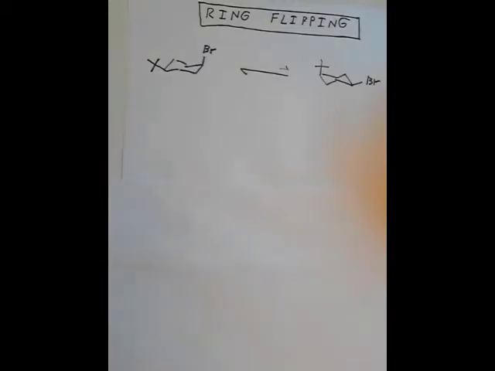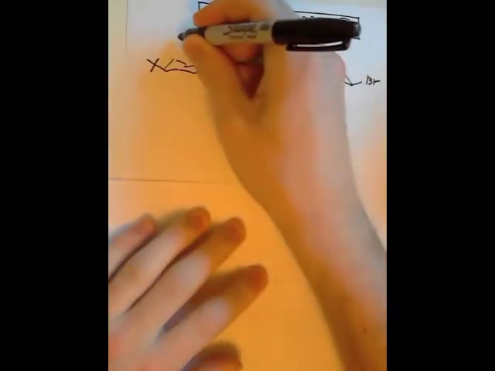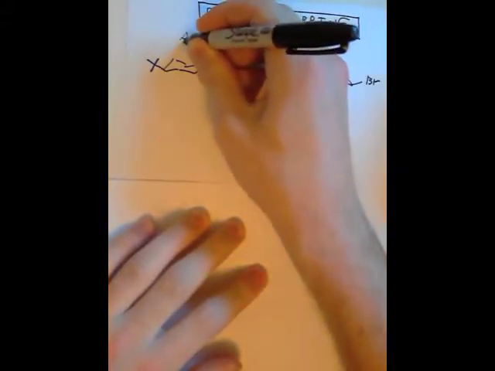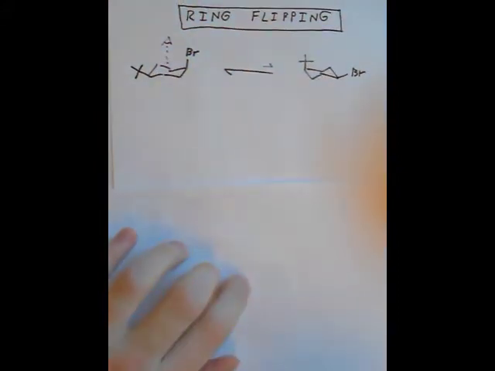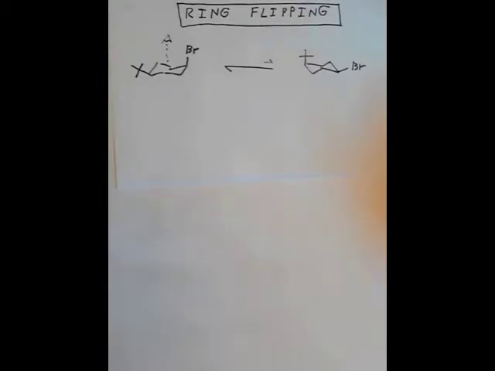transformation accurately. So perhaps the best tool for doing this is to simply pick a vantage point. In this example, let's say we are looking down from the top of this ring, and then shift every substituent over one atom.